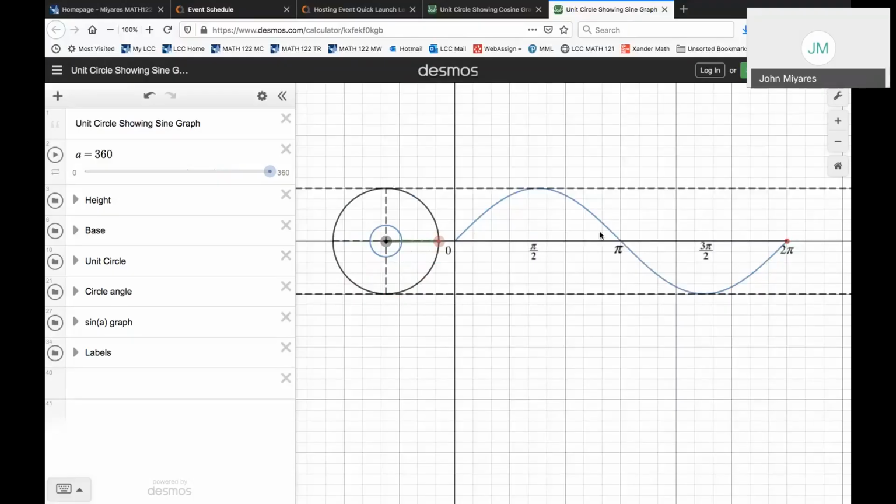Similarly, if we were to go backwards and head with angles in the negative direction, we would also see the same pattern occur, because any negative angle we see would be coterminal with one of these angles between 0 and 360. So this pattern of this little wave here is going to repeat itself continuously every 360 degrees every time we go around the unit circle.